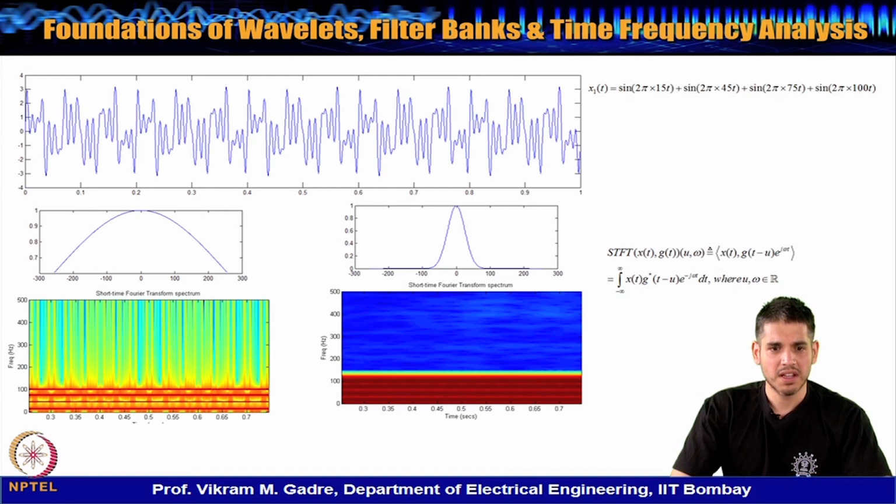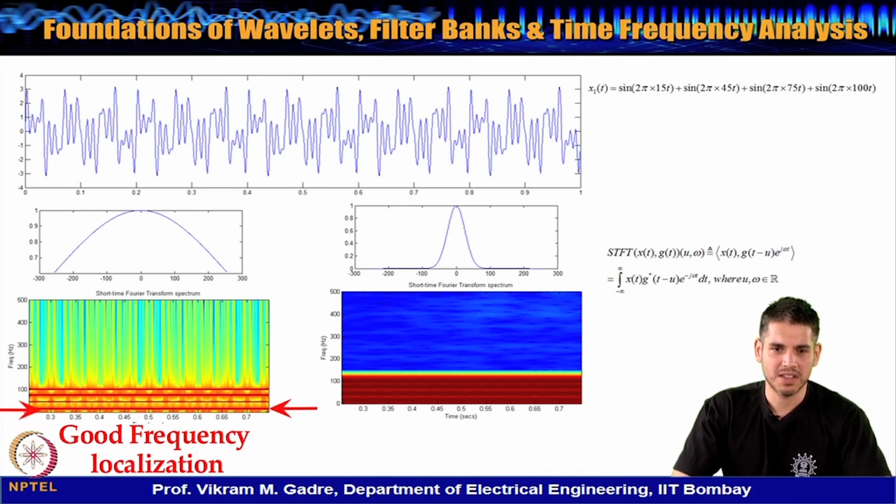On the left hand side, in the spectrogram with respect to the wider window, you can clearly identify on the y-axis, which reads out the frequency, the different frequency components which are present in the signal.